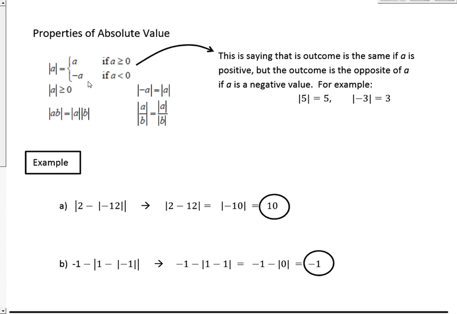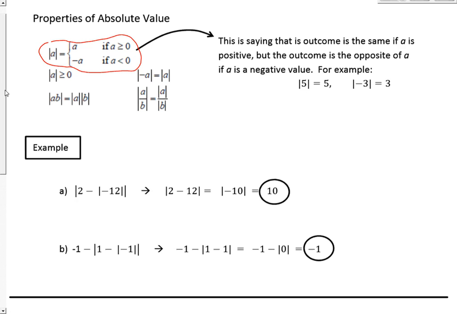So when I look at this area right here, this is what they're saying, is that the outcome is the same if A is positive, but is opposite when A is negative. So absolute value of 5 is 5, but the absolute value of negative 3 is the opposite of negative 3, which is positive 3.